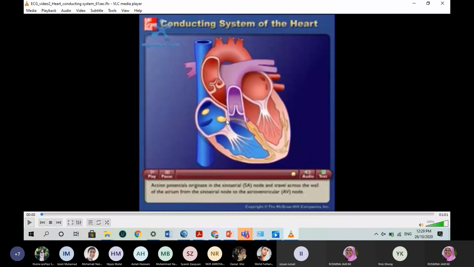There will be another node. It is called a node because that part of the cells of the heart is able to produce an impulse, it initiates the action potential.